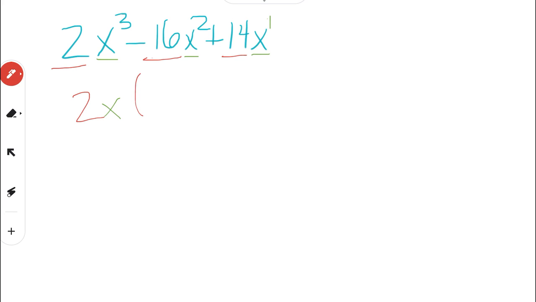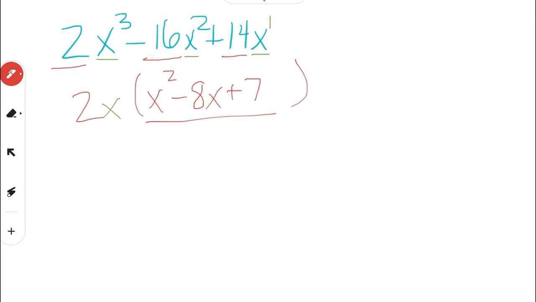And then, we need to figure out what's left. So 2x times what will give you 2x cubed? And the answer is x squared. 2x times what will give you negative 16x squared? 2 times negative 8 is negative 16, and x times x is x squared. 2x times what will give you 14x? 2 times 7 will give you 14, and x times 1 will give you x.